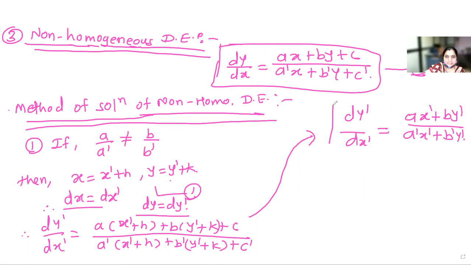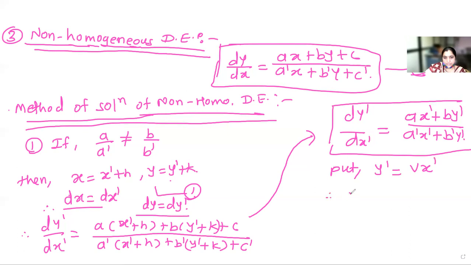Okay, like this, and now we use the method of solution of homogeneous differential equation to solve this homogeneous equation. What is the substitution we use here? In variables y dash and x dash, we put y dash is equal to vx dash.